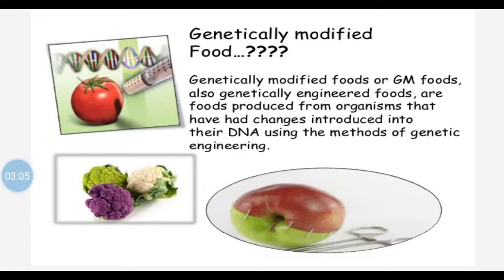As you can see inside the slide, maybe vegetables, maybe fruits. So the changes are done, the genes are inserted, DNA from one organism can be inserted into the other organism. This you have to understand.